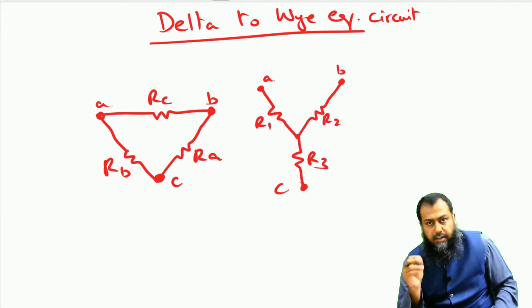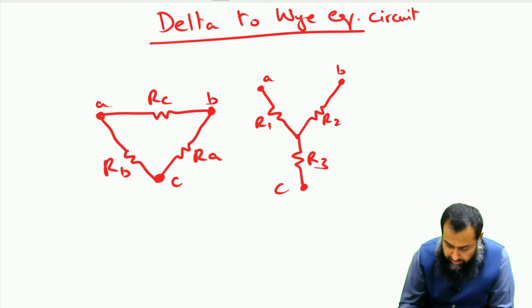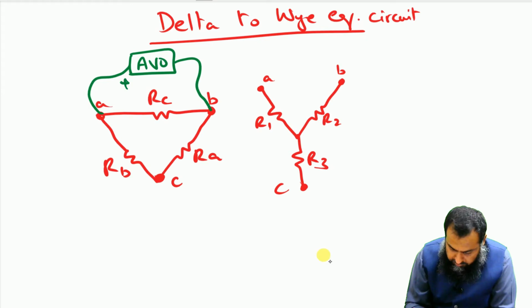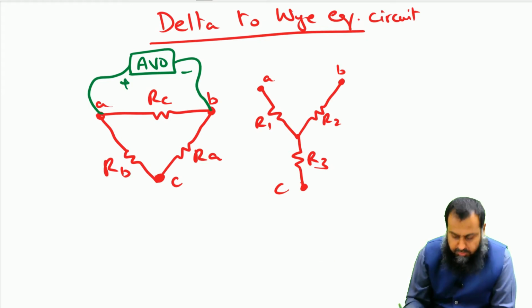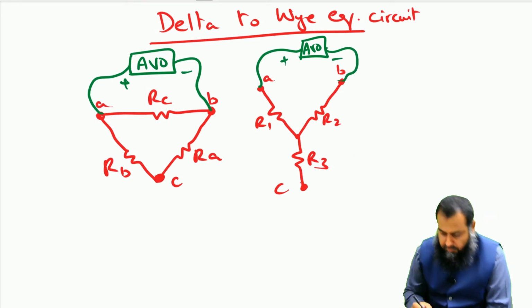Now when I say that the terminal information cannot be altered if we want to convert a delta network into a Y network, what I mean is that if I connect some meter here, some measurement device, let us say it's an avometer, across these two terminals A and B. Also, I connect another avometer here, and I connect the same with this Y as well.